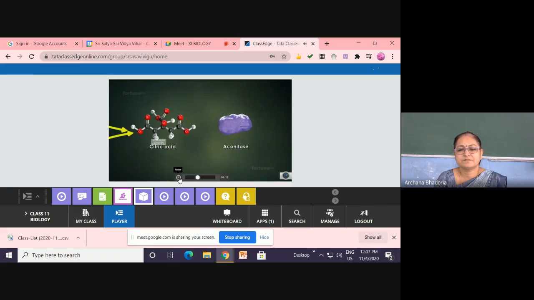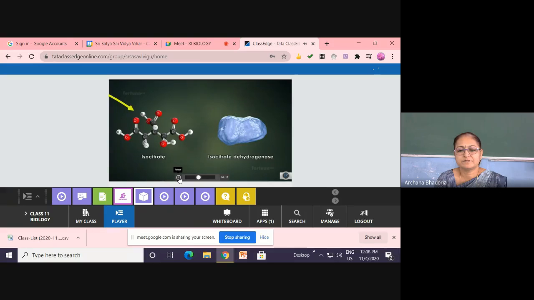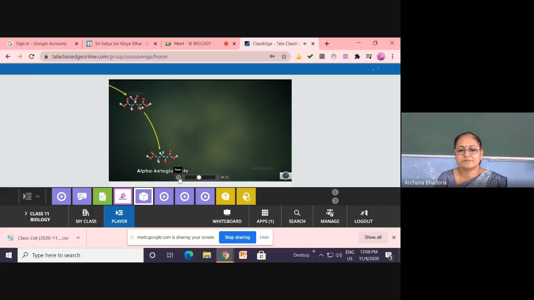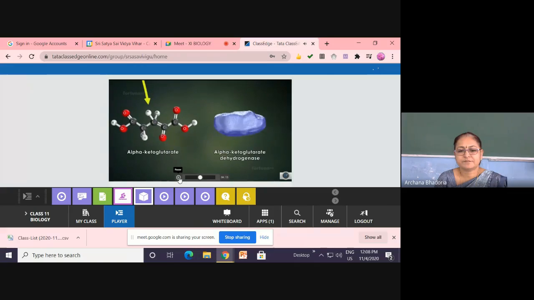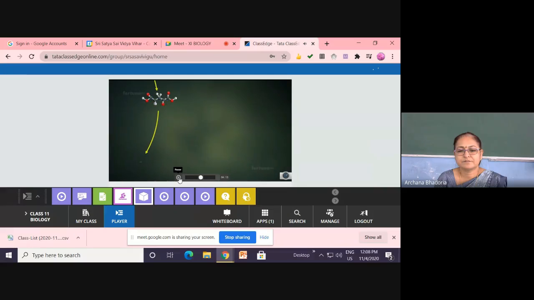The enzyme aconitase will convert the citrate into isocitrate. The isocitrate dehydrogenase enzyme will convert isocitrate to alpha-ketoglutarate. NADH and CO2 will be released as byproducts of the reaction. The alpha-ketoglutarate dehydrogenase enzyme will convert alpha-ketoglutarate to succinyl-CoA. During this step, NADH and CO2 will also be released.